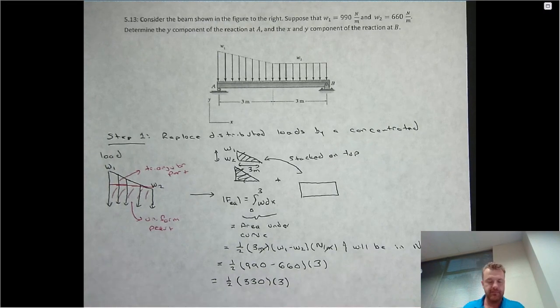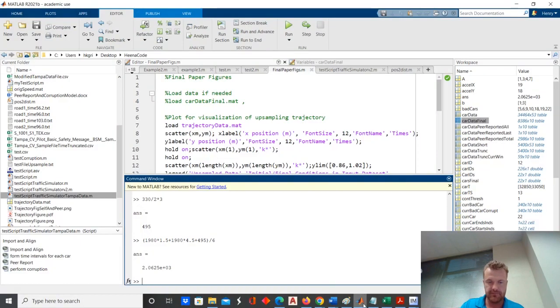Let's check our math on that. I'm going to type it all in just to make sure we don't make any mistakes: 990 minus 660, that is the height, times 1/2, and then times the base is going to be 495 units of newtons.